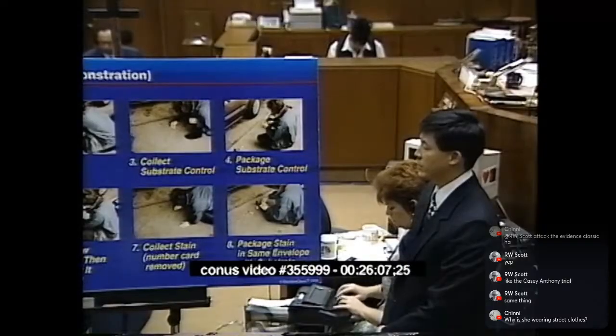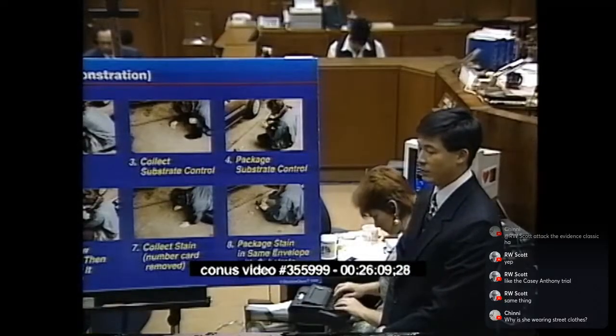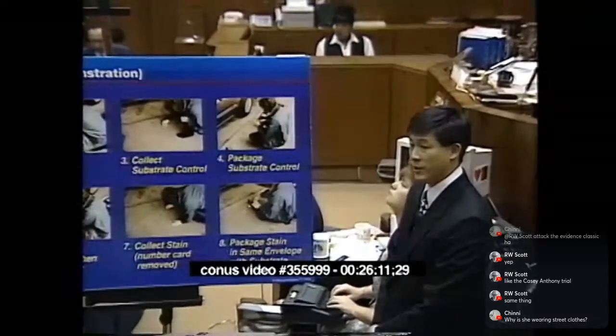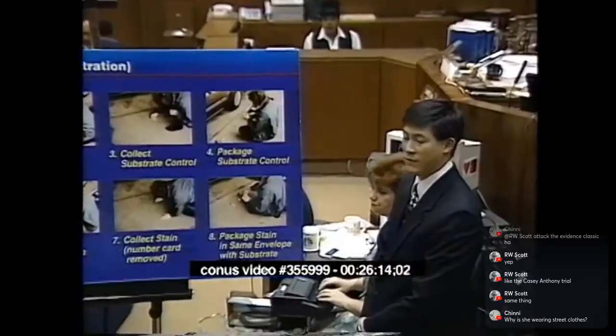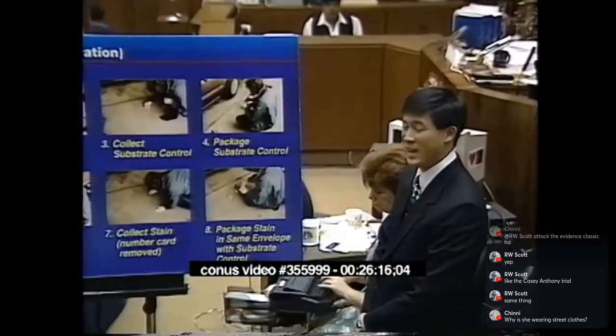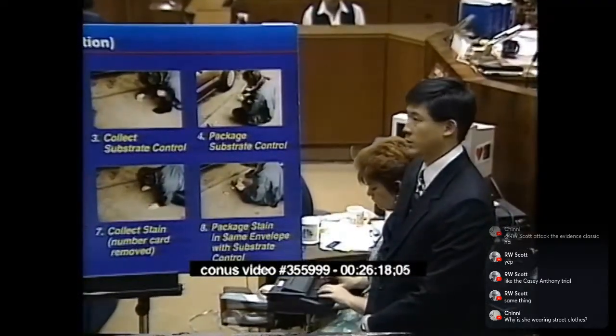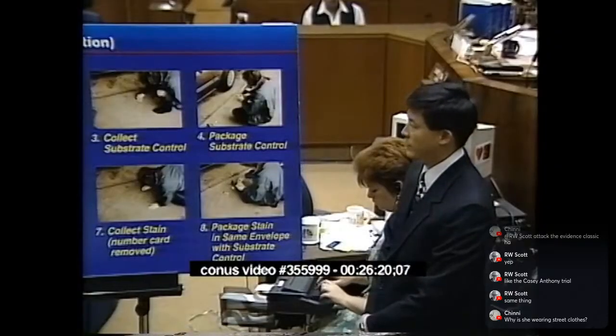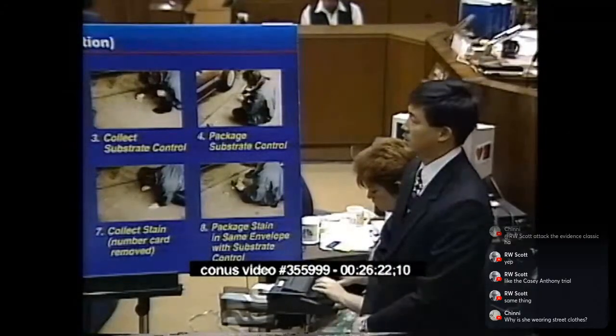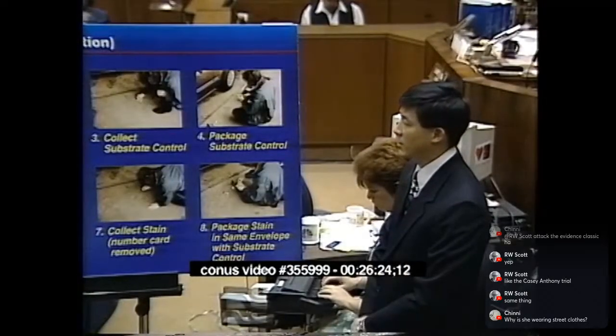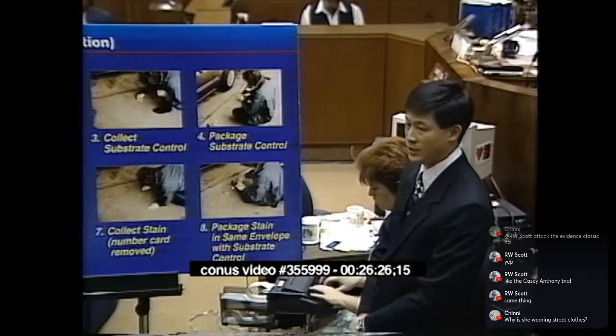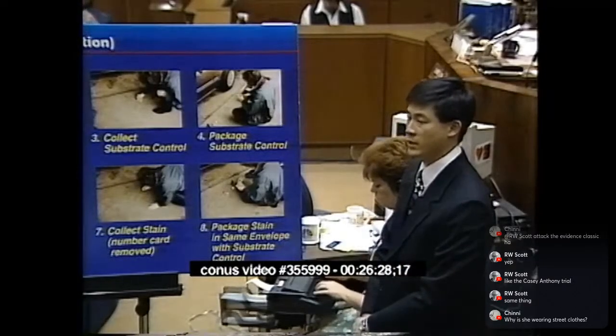Control refers to the process of looking for something that will somehow affect the conclusions of an analysis. So if there was some type of interfering substance on the sidewalk here, it should show up in the substrate control.